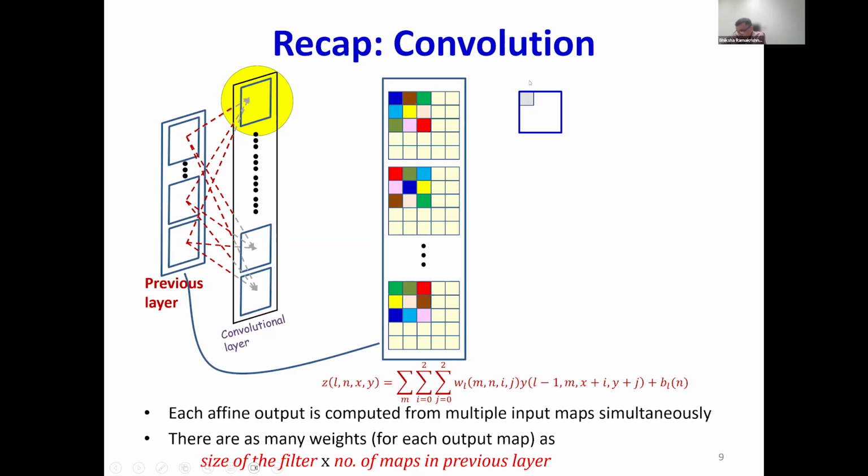So this is how you would compute the affine map term for the top left corner. You got this when you place the filter on the top left corner. And then subsequently, you could stride with the filter and scan the input with the filter. And at each position, you got a corresponding element of the output map. So we saw this in the last class. This is how we computed the convolution.